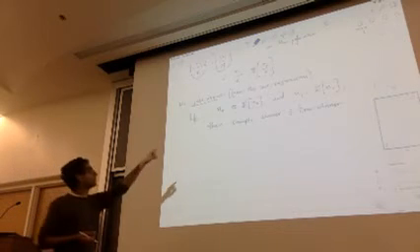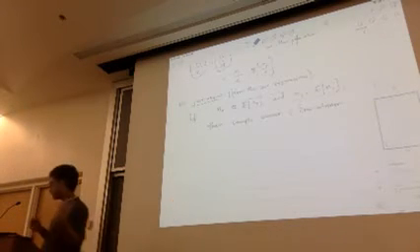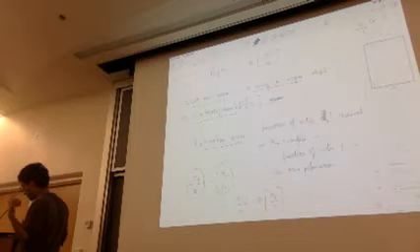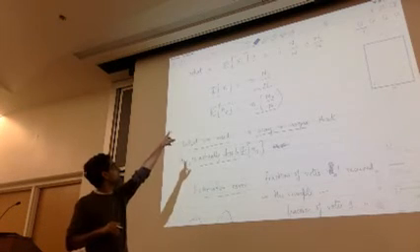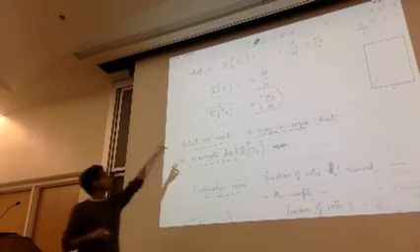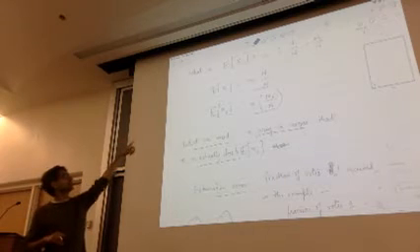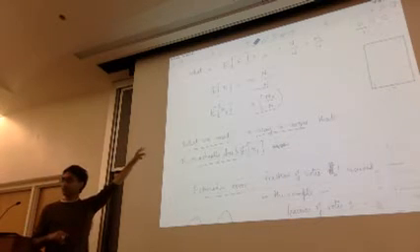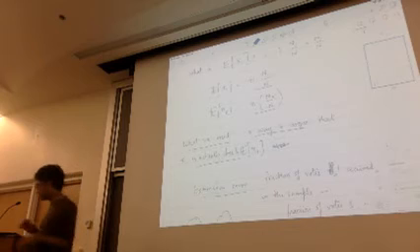Because the expression for the expected value for N0 was this, and for N1 was that. If N1 was exactly equal to the expectation, and N0 is exactly equal to this one.